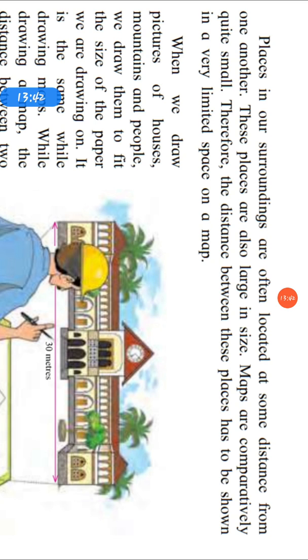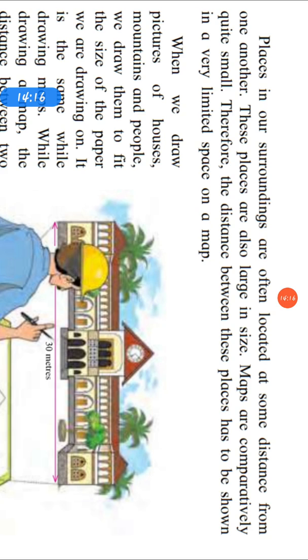Places in our surroundings are often located at some distances from one another. These places are also large in size. Maps are comparatively quite small, therefore the distance between these places has to be shown in a very limited space on a map. See, in our surroundings there are so many buildings, medical shops, hospitals, roads.